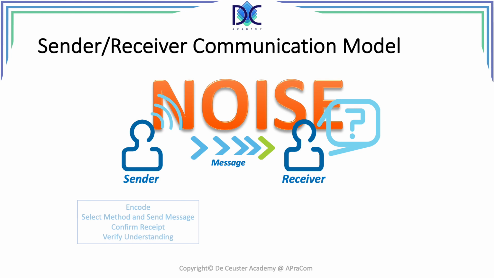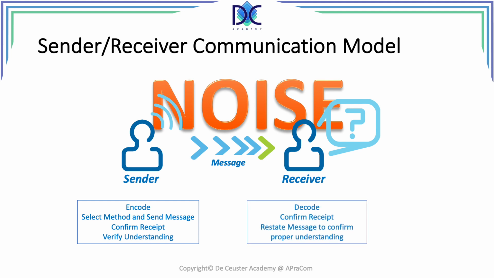Now, the sender is the person who encodes the message, selects a method and sends the message, and you have to confirm the receipt and verify the understanding. Did you understand what I was saying?